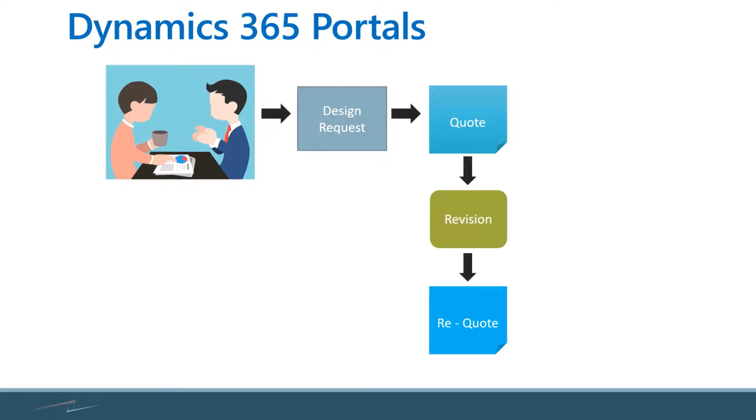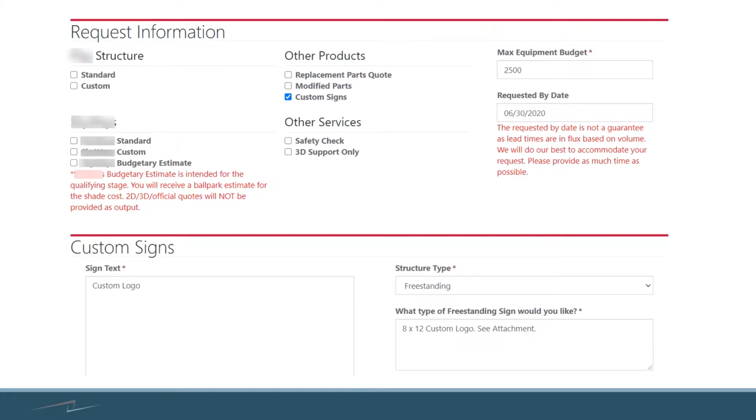Microsoft Dynamics 365 Portals was a great tool to solve this requirement because its native backend is Dynamics 365 Customer Engagement. CE was used to build out custom design requests and revision functionality using the XRM capabilities of Dynamics, which are then seamlessly exposed to the portal. Security is also managed for their portal through Dynamics CE.